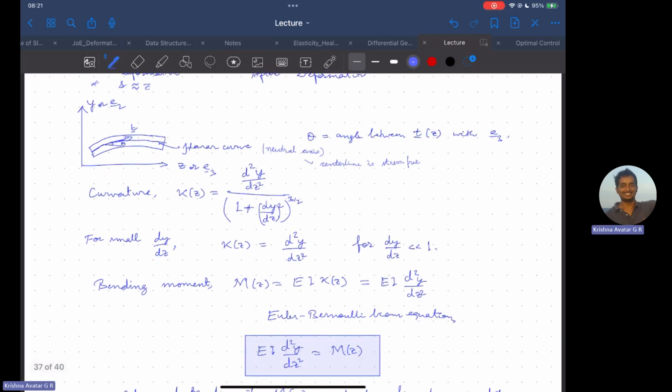Now we have this curvature. We define the curvature as kappa z equals y double prime divided by (1 plus y prime squared) to the power 3 by 2. For small y prime, kappa z is just the second derivative of y with respect to z.